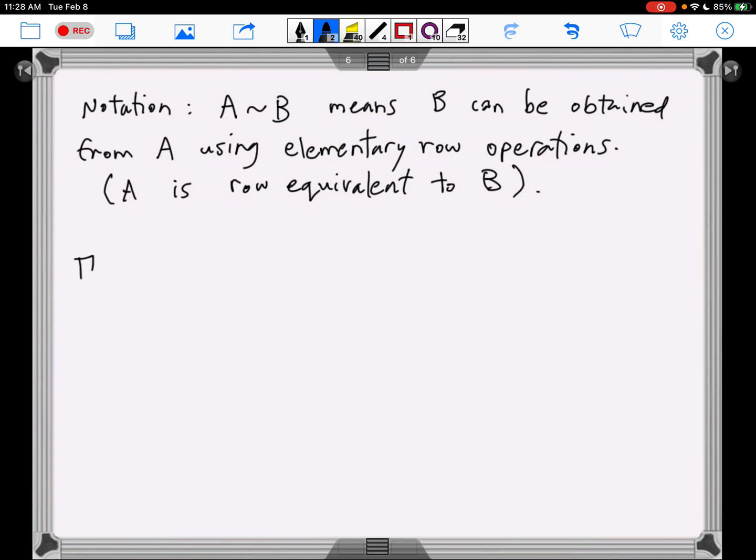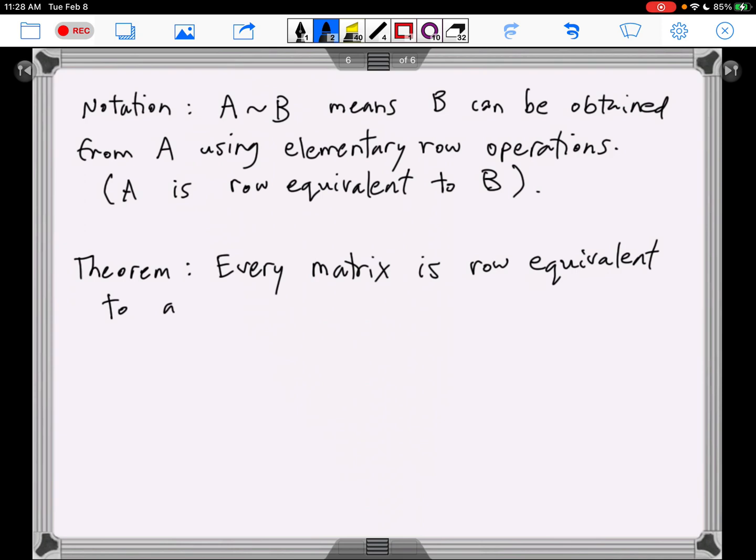And most importantly is a theorem. The theorem says every matrix is row equivalent to a row echelon matrix.